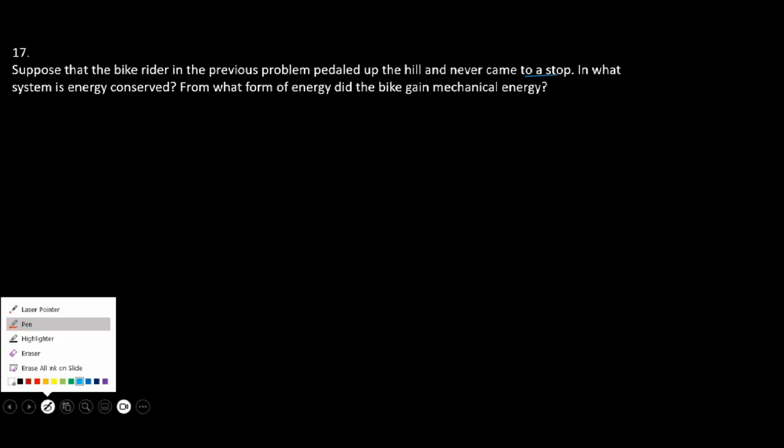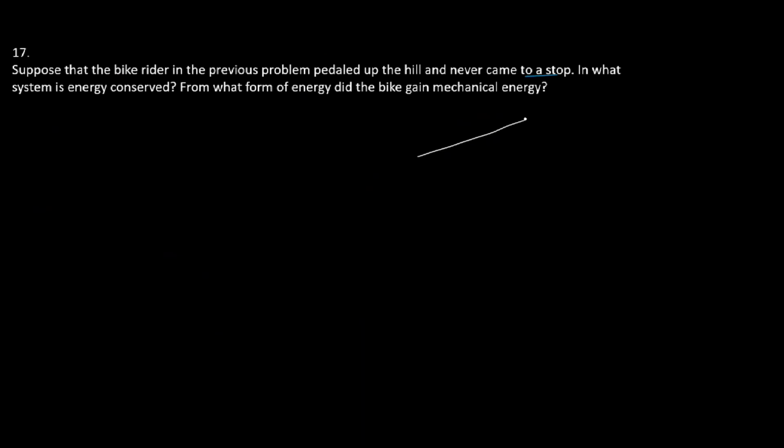So in this part of the problem, the bike rider is pedaling up. So if he is pedaling up, he is applying a force to move up and he doesn't come to a stop. The system again will be the objects which are interacting, the earth, the rider, and the bike. But here, there are other forms of energy involved too. And why is that?